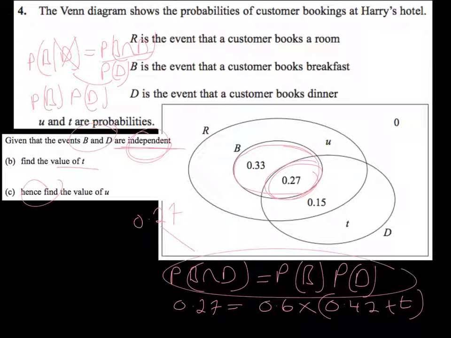So if we expand and multiply out, we can see that T is going to equal 0.03.